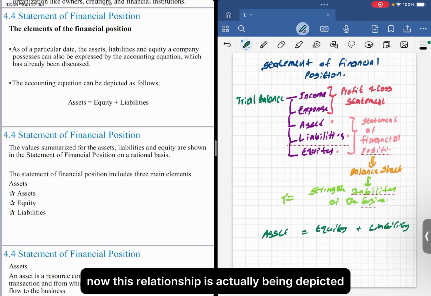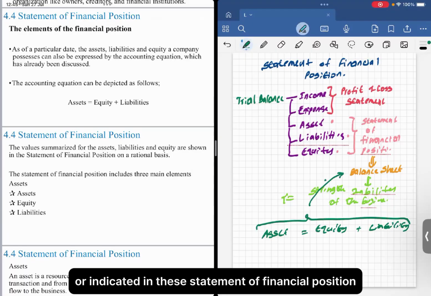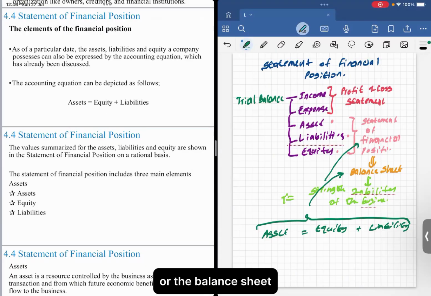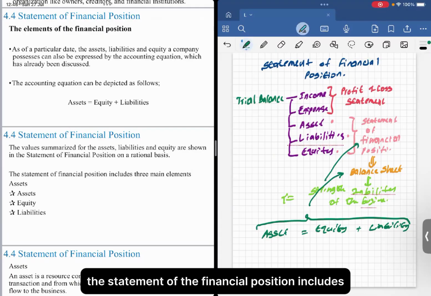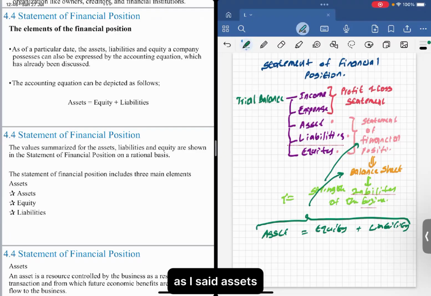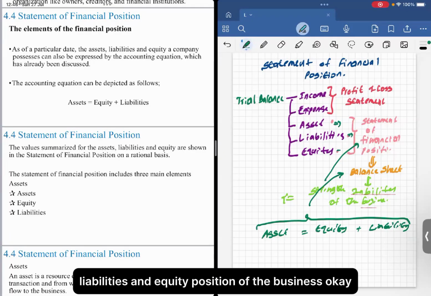Now this relationship is depicted in the statement of financial position, or the balance sheet. The statement of financial position includes, as I said, the assets, liabilities, and equity position of the business.